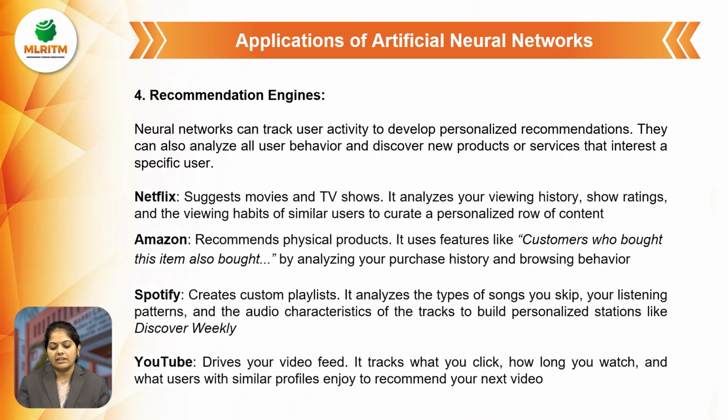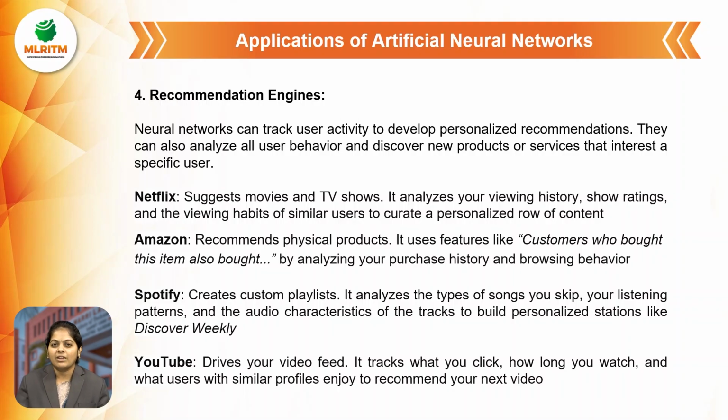So neural networks can track user activity to develop personalized recommendations, and they can also analyze all the user behavior and discover new products or services that interest a specific user. Okay. So as we know, nowadays we are using social media, giving recommendations. Let's say I'm searching for a particular product in Amazon. Let's say I'm looking for a watch. If I open Amazon and search for the watch, it will display related watches, right?